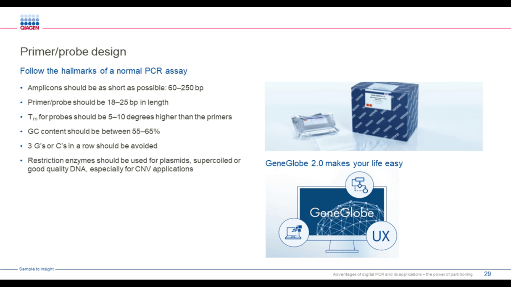And of course, if you have very fresh DNA, or if you have plasmids or something that is supercoiled, then perhaps for digital PCR it can be good to cut the DNA into smaller pieces just to make everything more efficient. The most important thing is to use a restriction enzyme that doesn't cut within the amplicon.